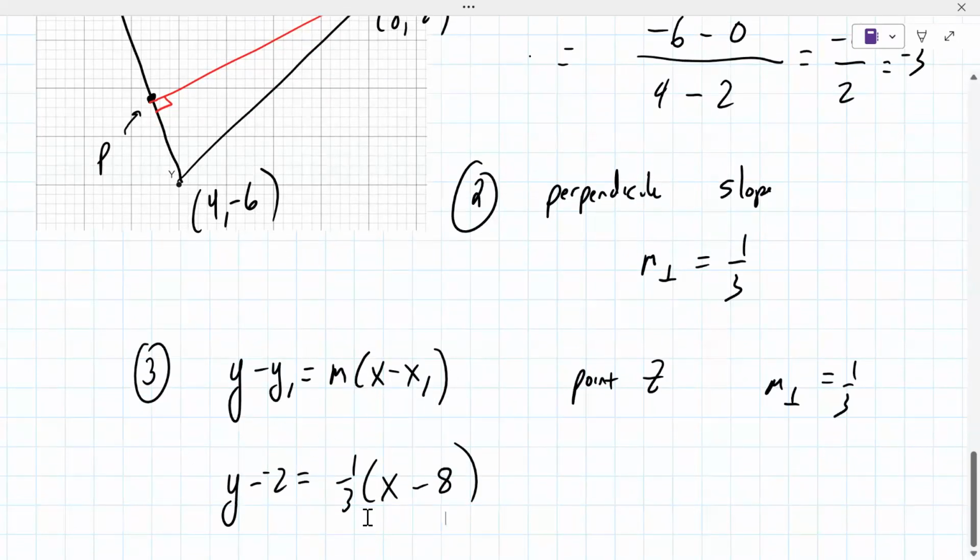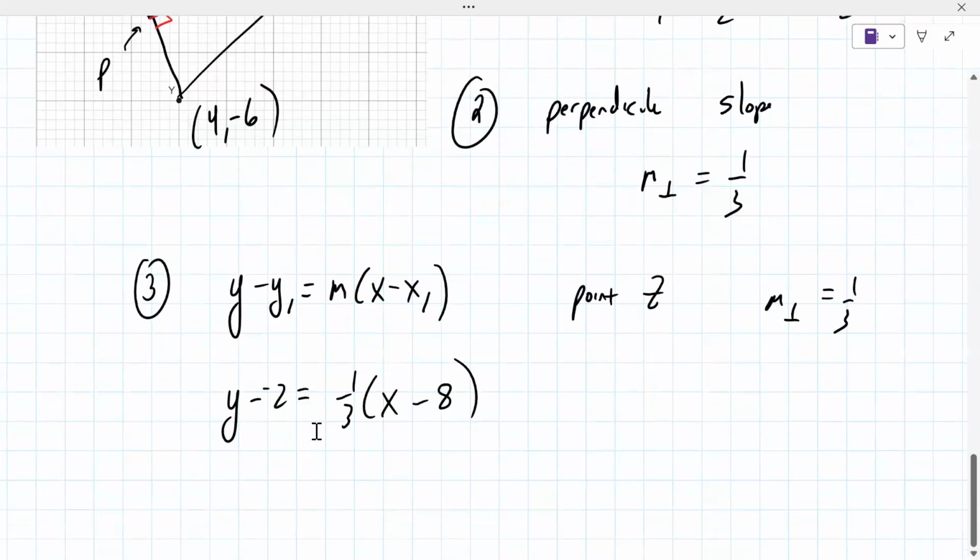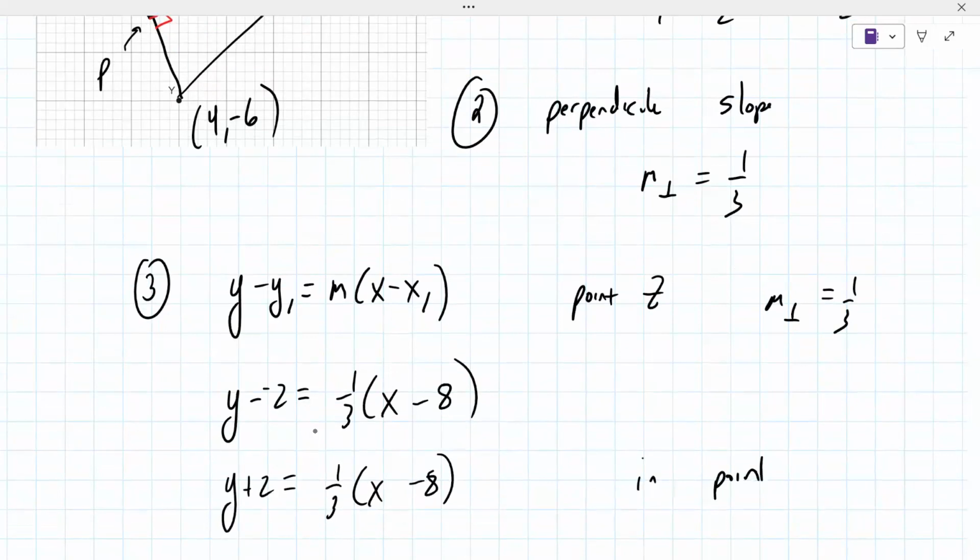No, this is okay. It's okay to leave it like this. Okay, my bad. I mean, the double negatives should be simplified, but it's okay to leave it like this. Like when it says in point slope form, this is point slope form.